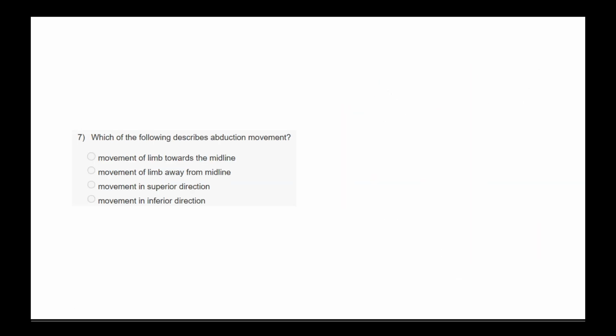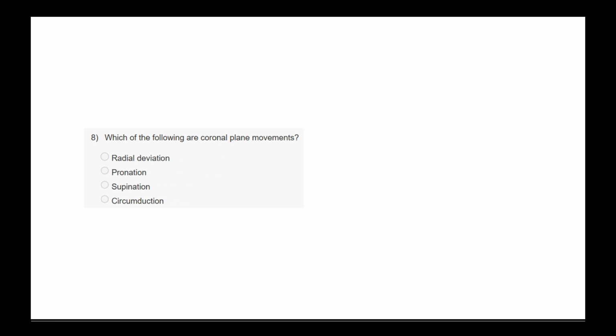So the answer is radial deviation, in which it's the movement of the thumb towards the radius.